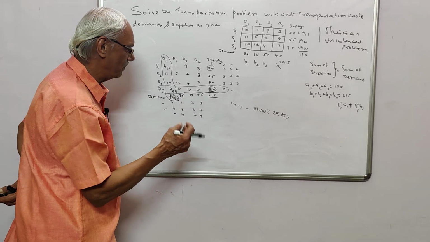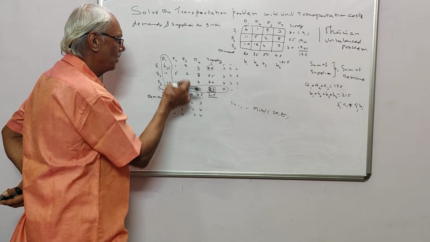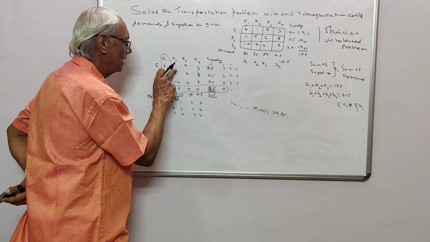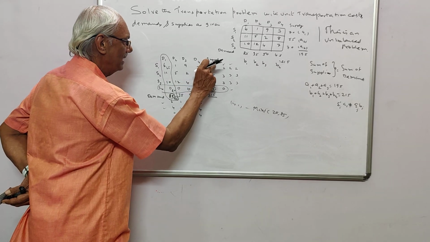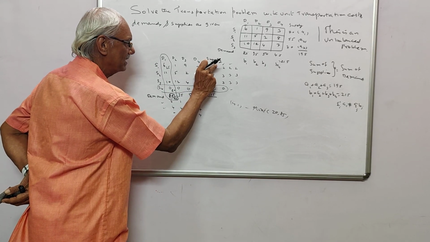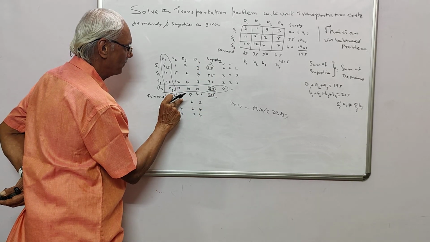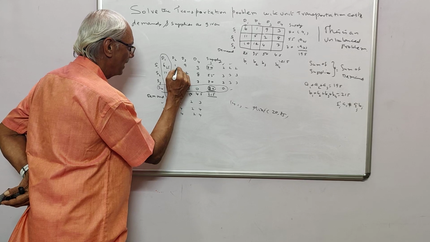Choose the maximum of all the penalties and move along this column. Come to the minimum. Where is your minimum here? 1. Now allocate to this. Here it is 5. Here it is 35. The supply remaining is 35. Demand is 35. Now between these two, what is the minimum?